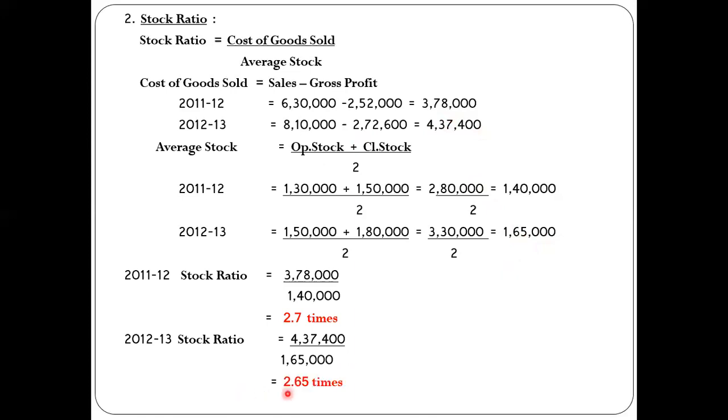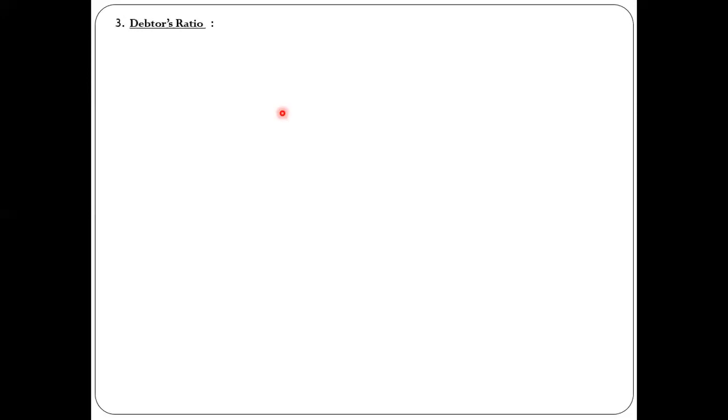So the answer will be 2.65 times. Now for stock ratio, we need both amounts, cost of goods sold as well as average stock, and we keep both in the formula. Now we will go to the further ratio, that is debtors ratio.